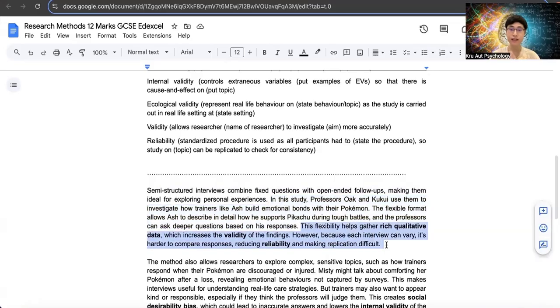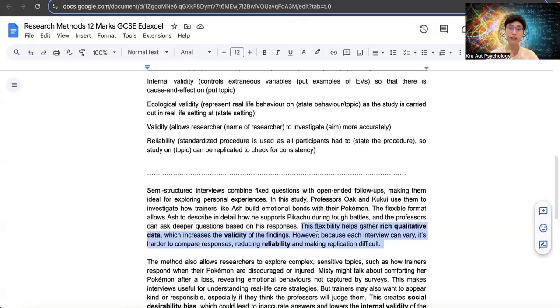AO3: this flexibility helps gather rich qualitative data, which increases the validity of the findings. So words: methodology, validity, here we go. We might just stick with validity alone, strength alone, or weakness alone, depending, but is it all right to cover both? So this is increasing validity. It's a strength, right?